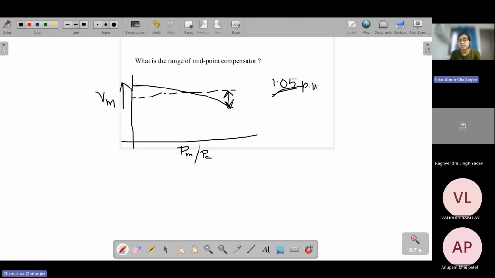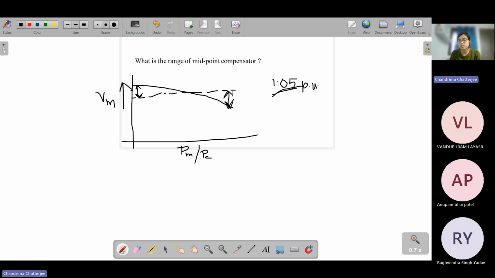You can understand that here we are getting over voltage, so there it should absorb reactive power. The reactive compensator should absorb reactive power at this point, because here the line is generating reactive power. But here the line requires more reactive power because there is under voltage, so now the compensator has to provide the reactive power.